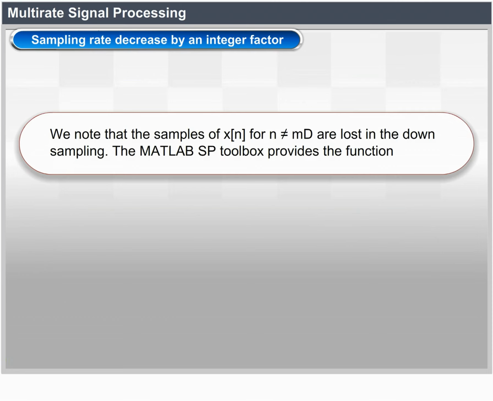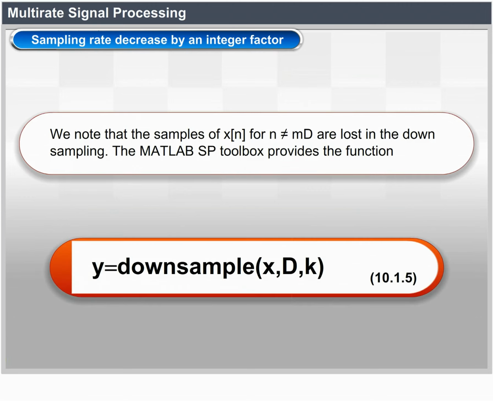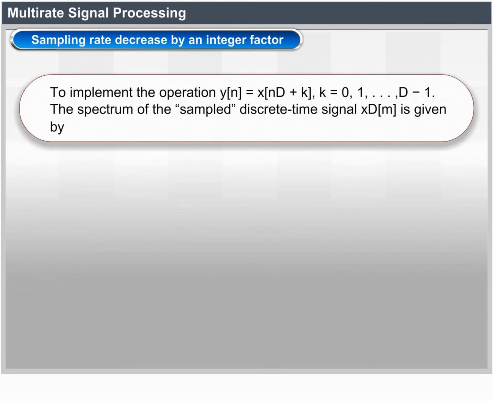The MATLAB SP tool provides a function y = downsample(x, d, k), called equation number 10.1.5, to implement the operation y(n) = x(nd + k), where k = 0, 1, etc. up to d minus 1.